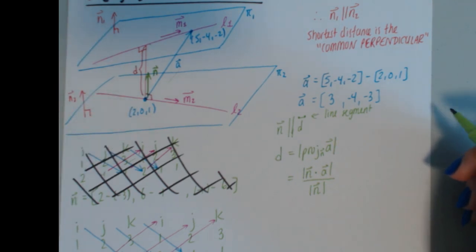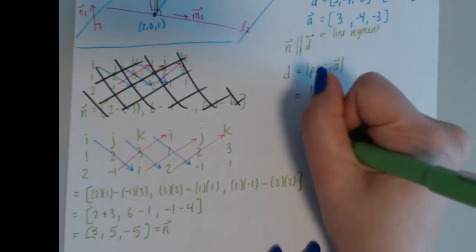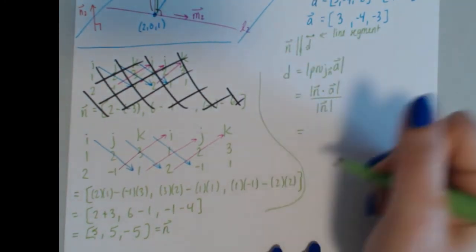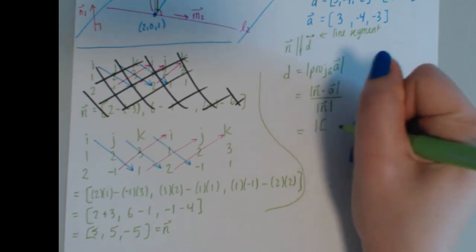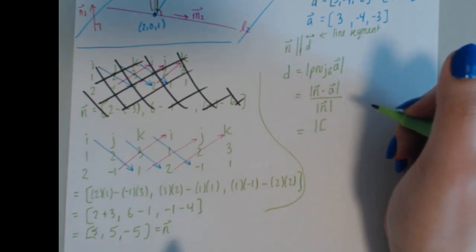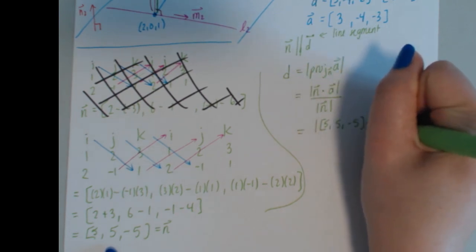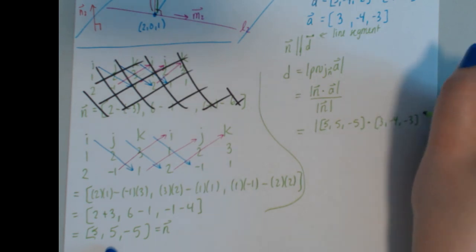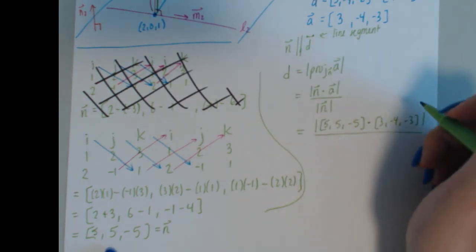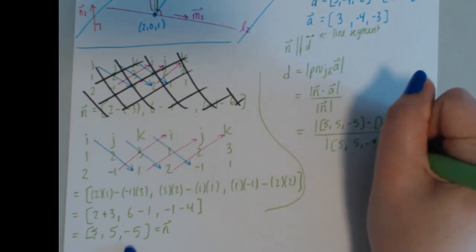So taking the vector n and plugging it in over here, let's do that. All right, so magnitude of n dot A. Well, anyways, the dot product is a scalar. So 5, 5, minus 5, dotted with 3, minus 4, minus 3, divided by magnitude of 5, 5, minus 5.